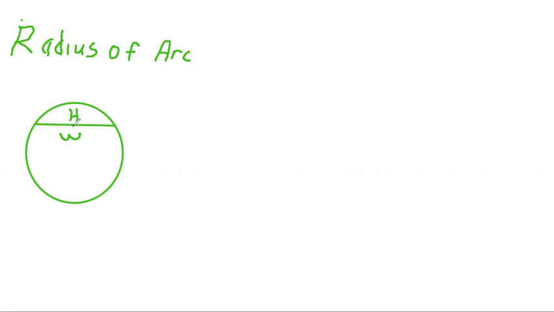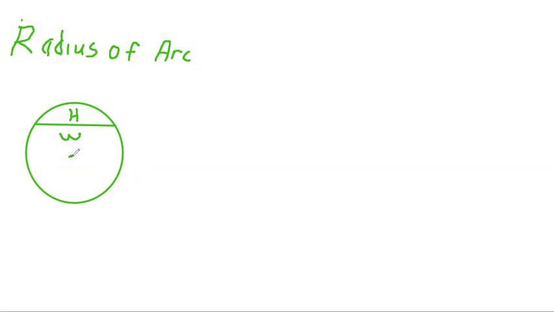Okay. So again, I'm trying to avoid a little bit of clutter right here. Now, the radius of the arc is the actual radius of the circle. The radius of the circle that would create this arc. So you see from here to here. Well, I think you get the picture, folks.